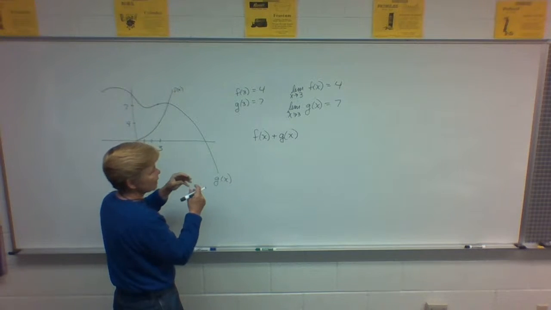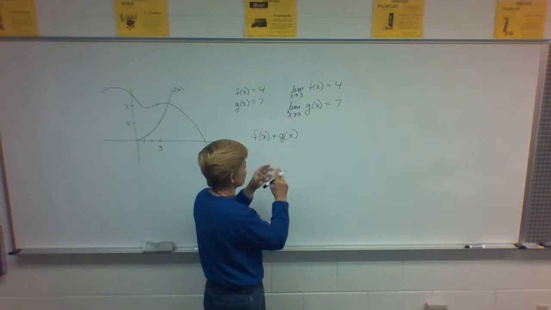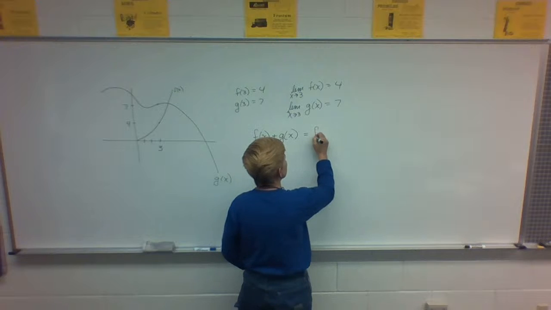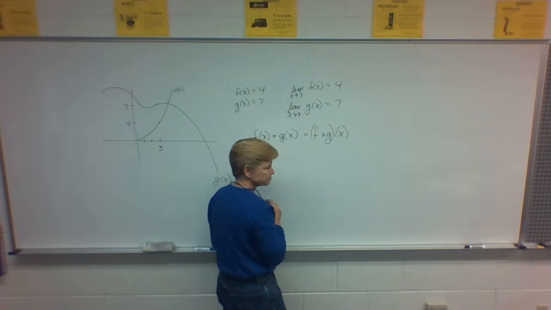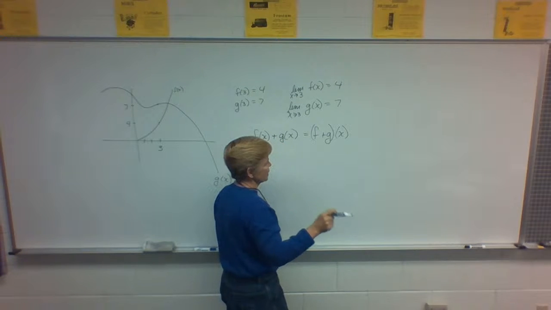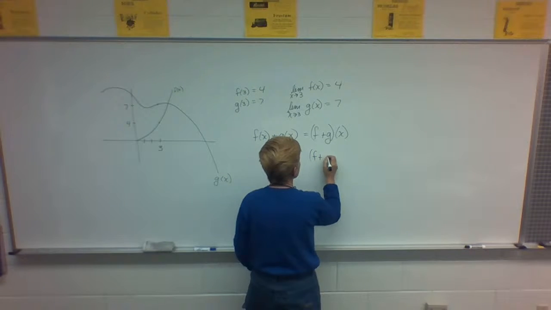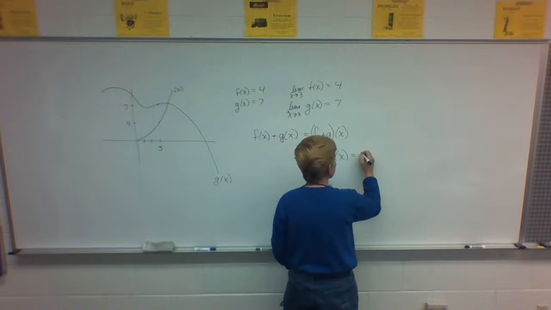If I add them together, that is, I take all the components of f and all the components of g and add them together, like terms all together, and create this new function called f plus g. This is notation that they use. It's a brand new function that is born from adding f and g together. Then what this property is saying is that the limit of f plus g of x is 11.